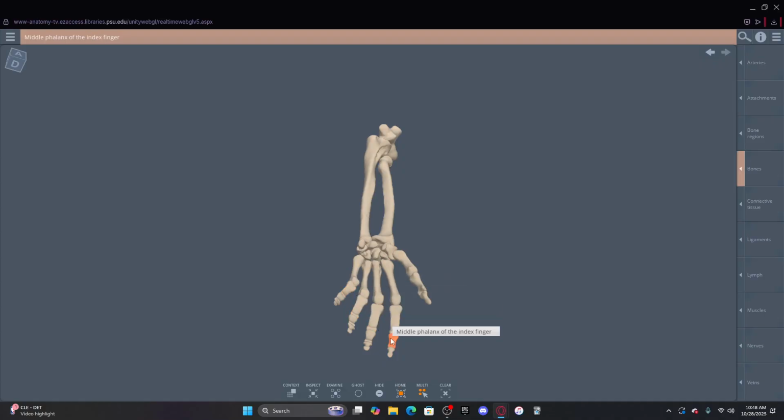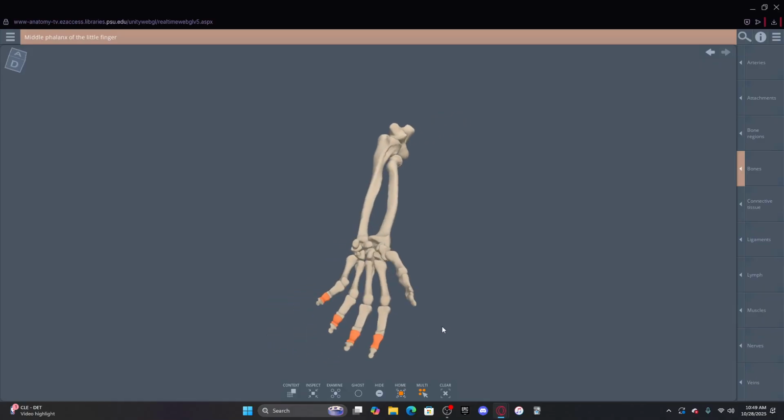So digits 2, 3, 4, 5 only have an intermediate phalanx, whereas all of the digits have distal phalanges, right? So distal phalanges of digit 5, 4, 3, 2, and 1, right?